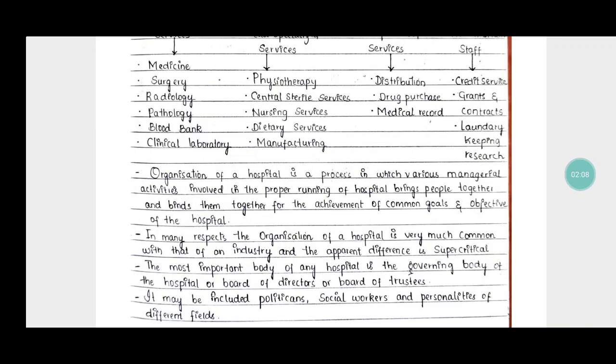So the administrative staff is divided as credit services, and it also grants the contracts, and lastly laundry, housekeeping, research, whereas the organization of the hospital is a process in which various managerial activities are involved in the proper running of hospitals, which brings people together and binds them together for the achievement of a common goal and the objectives of the hospital.